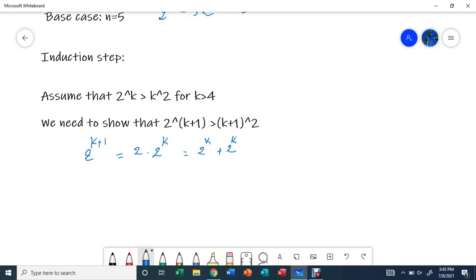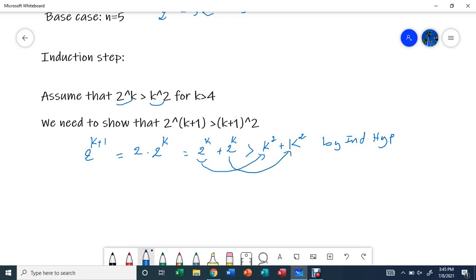And now, using the induction hypothesis, this will be greater than k squared plus k squared, by the induction hypothesis. We assume that 2 to the k is greater than k squared, and the same thing, 2 to the k is greater than k squared.